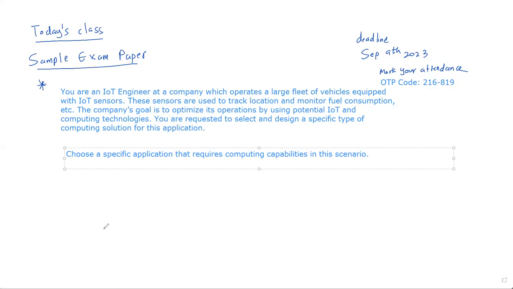So we are considering a certain IoT network which is deployed at a certain local area, and in this case, we are considering vehicles as the devices which are connected to the IoT network. The vehicles have sensors in them, and those sensors give details such as the location of the vehicles, the fuel consumption, the performance of the vehicle, and the amount of time it takes for the vehicle to get maintained.